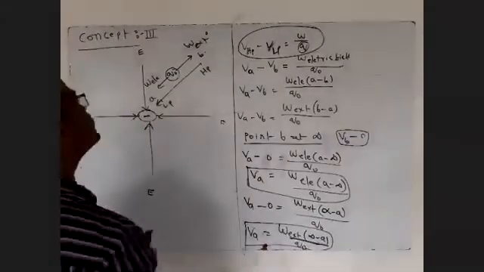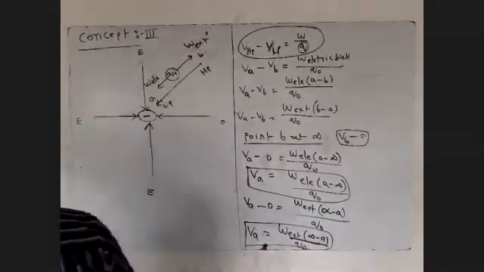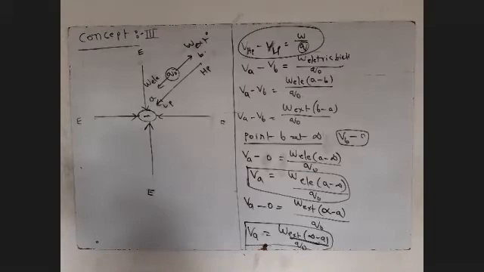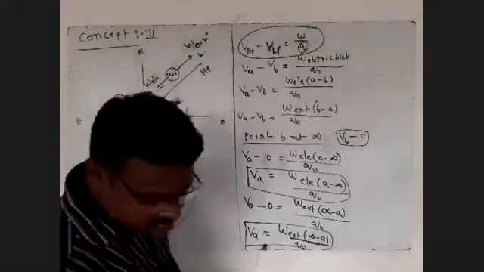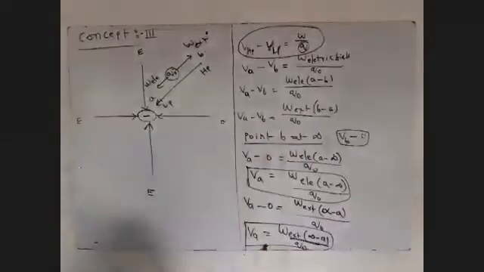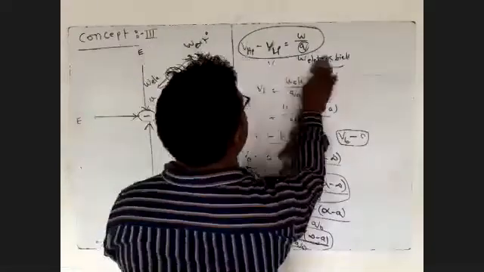So B to A. We are going to write the potential difference formulas. This is the basic formula.